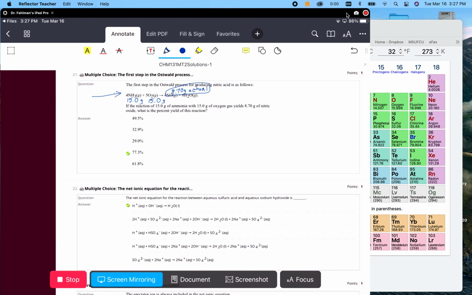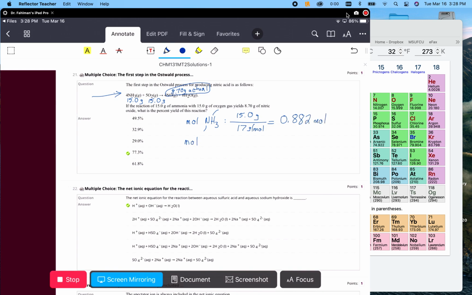Now let's do moles for each of the reactants. So that is 15 grams divided by 17 grams per mole. It's 14 for nitrogen, and each hydrogen is 1. So 15 divided by 17 gives you 0.882 moles.